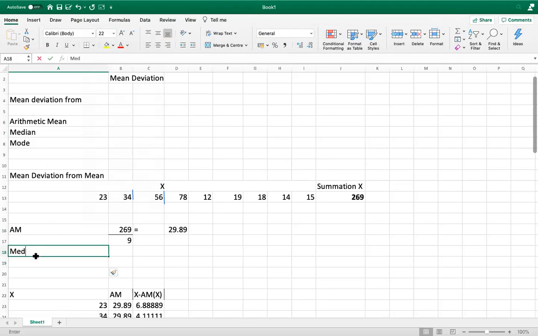For median, what is the first step? If the data is of this kind, what is your first step? What is your first step for median computation? Order, right? Arrange in ascending or descending order.